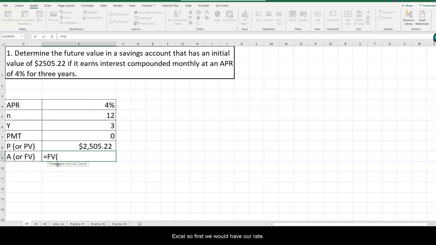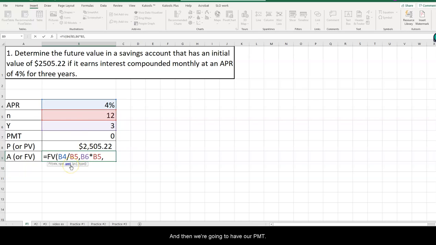So first we would have our rate, which would be our APR, divided by our compounding periods, comma, and then our number of years times our compounding periods. You could put B5 times B6 or B6 times B5. The order there doesn't really matter since we're just multiplying.